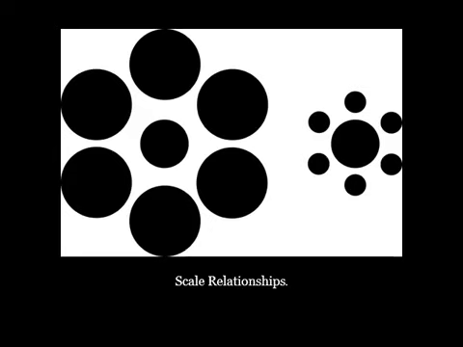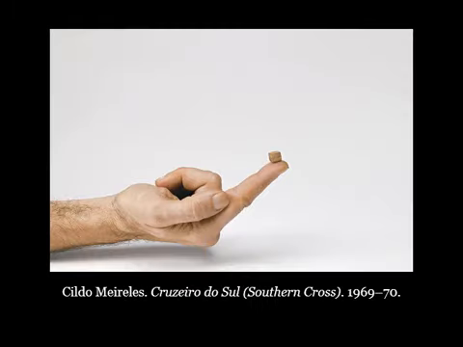Well, they are. The dots in the center of each of these figure groups are actually the exact same size. Artists often work with distortion in their art.